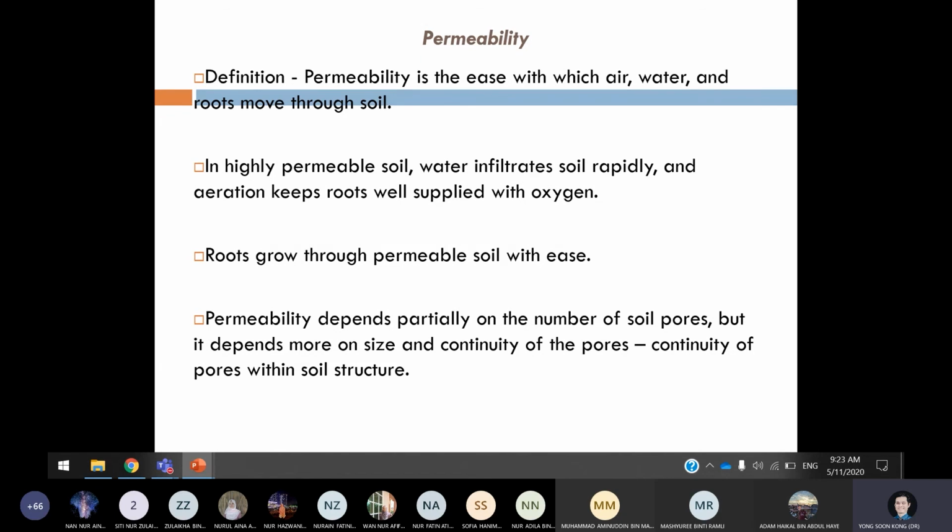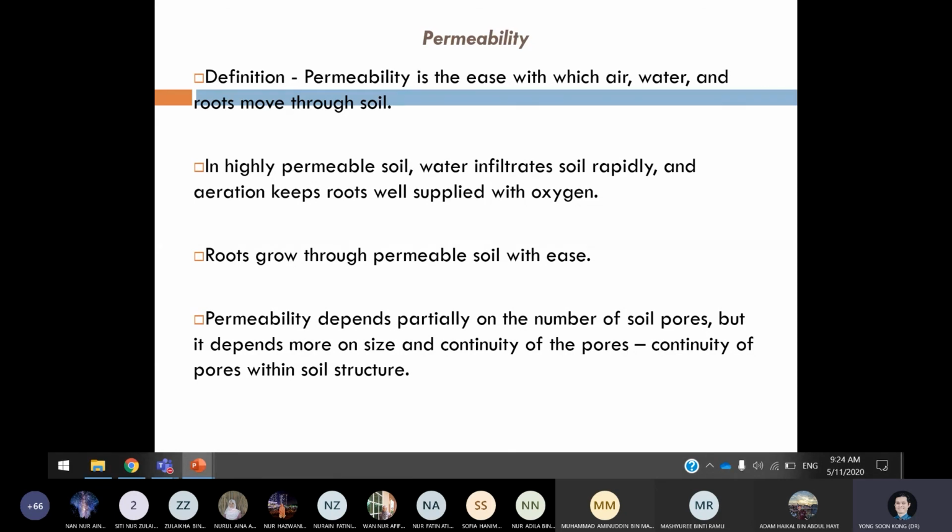So remember, high permeability is usually associated with soil with a high amount of macropores. You have a lot of big pores, so water can flow down. But if the soil has a lot of micropores, the permeability will be very low.